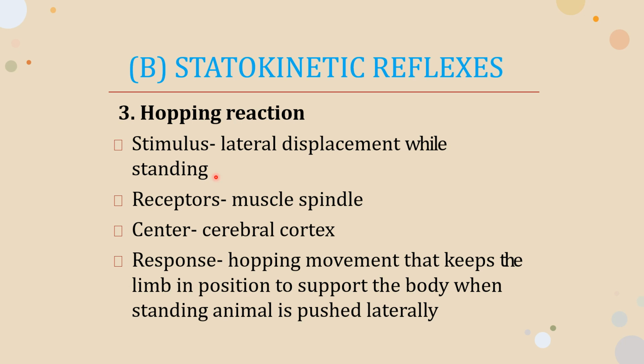Stimulus is lateral displacement while standing. Suppose you are standing when your friend moves you sidewards. You jump and then correct your body to stand again in a stable posture. The receptors are muscle spindles, center is cerebral cortex, and the hopping movement keeps the limb in position to support the body when a standing animal is pushed laterally.